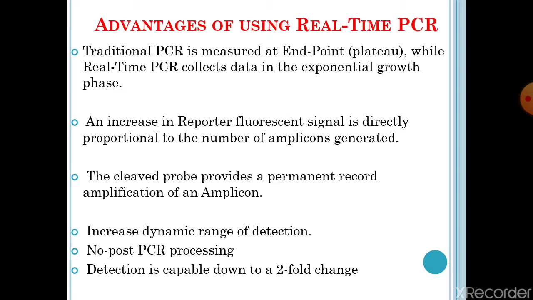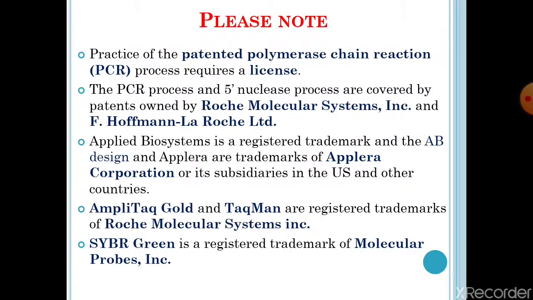The cleaved product provides a permanent record of amplification of an amplicon. There is an increased dynamic range of detection. No post-PCR processing is required, and the detection is capable down to a two-fold change. So it's a sensitive technique, much more sensitive than the traditional method.